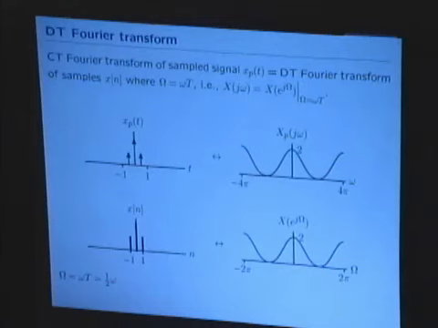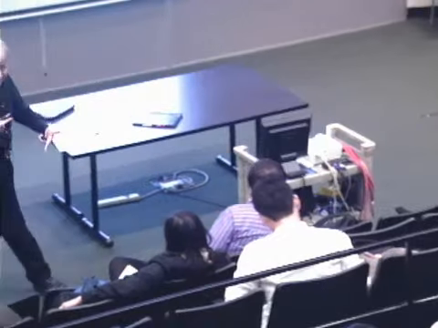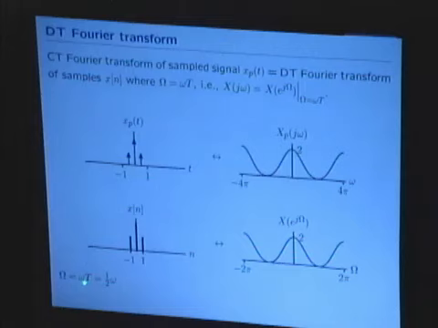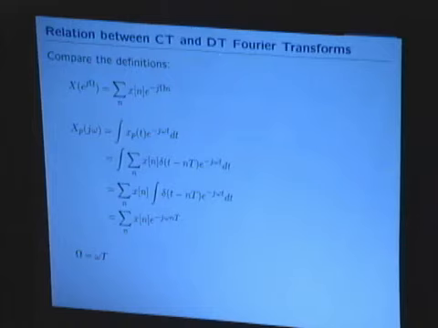And there's a relationship, and that relationship is always this. That's the reason I write the two frequencies differently. One way to relate the two frequencies is via sampling. That's a way of taking a continuous time signal and turning it into a discrete time signal. When you do that, if you sample by the sampling interval capital T, that dictates that this relationship is going to be like that, and it's very general.